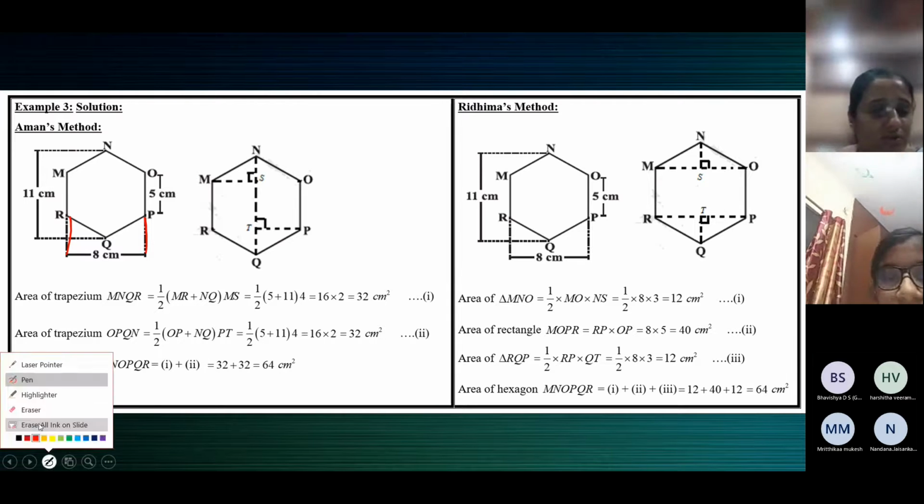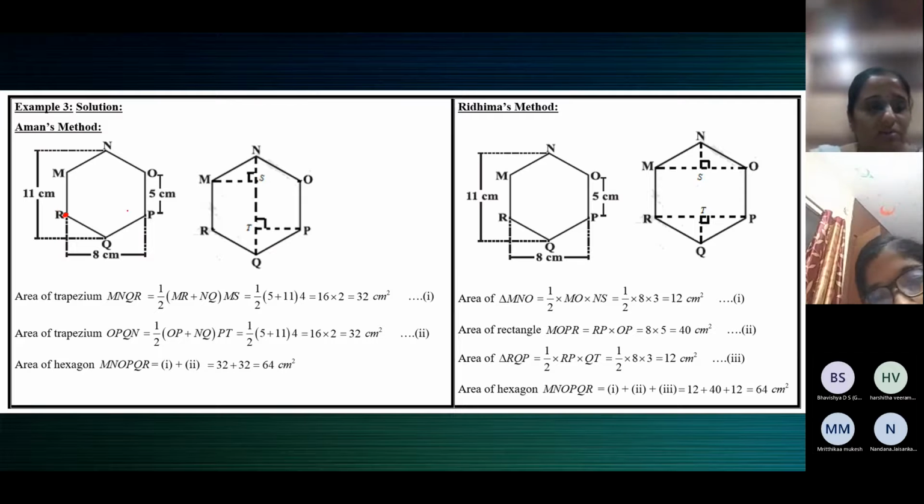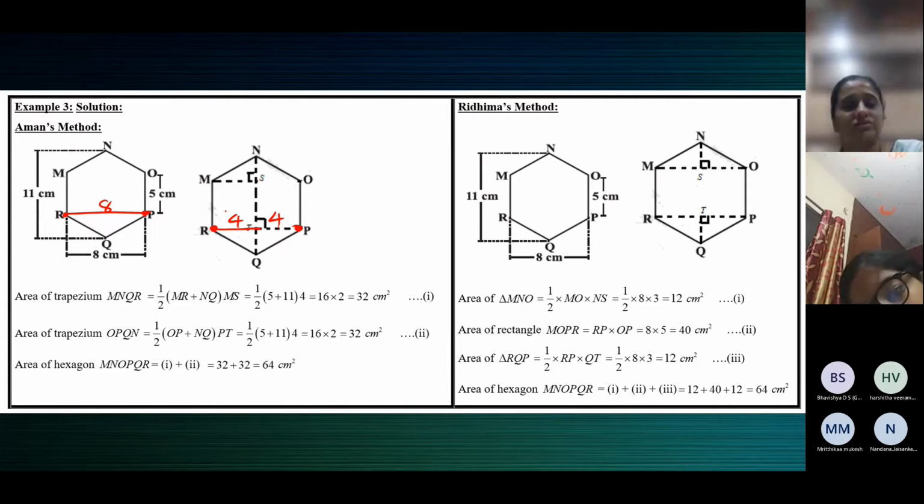The distance between these two points is 8. That's what is marked outside. This full thing, RP, is 8. So it will be 4 here and 4 here. If this is 4, this is also 4.